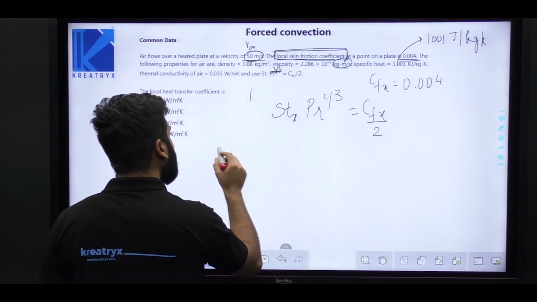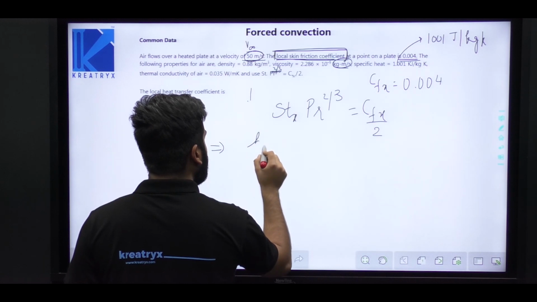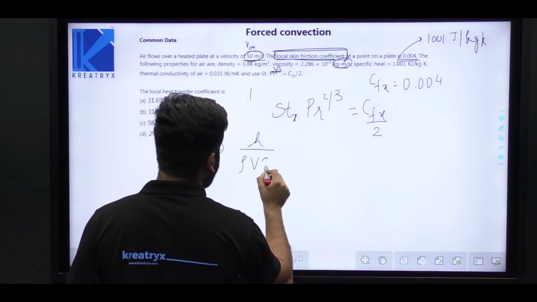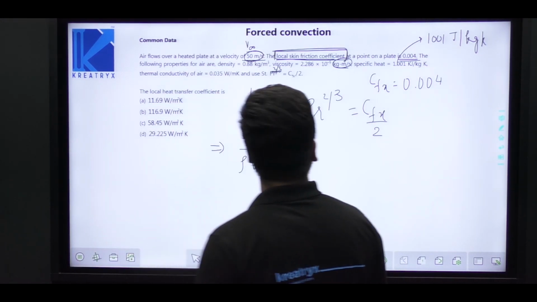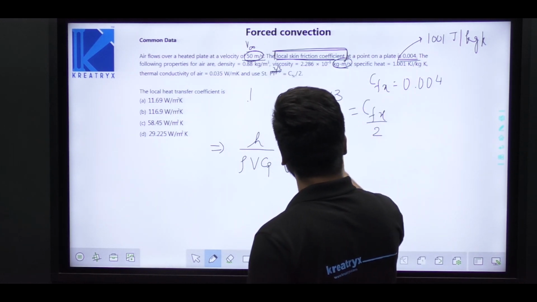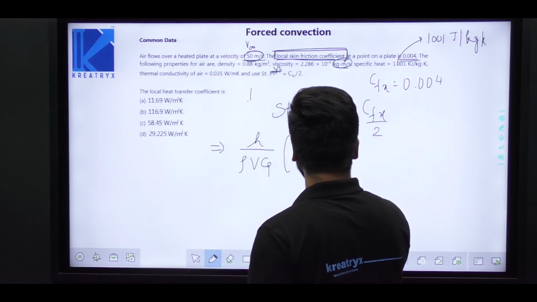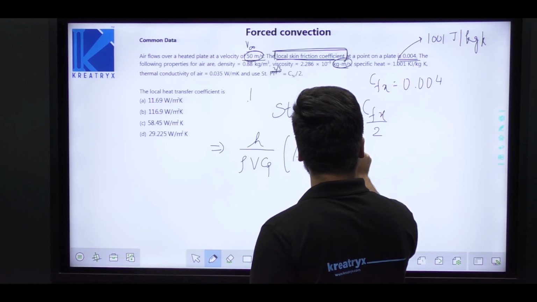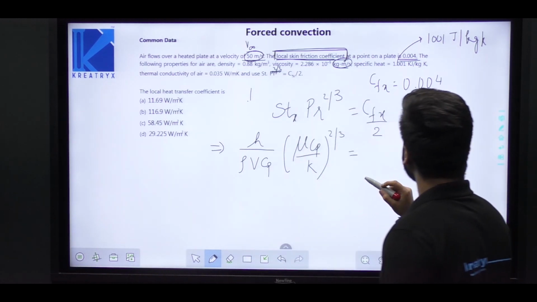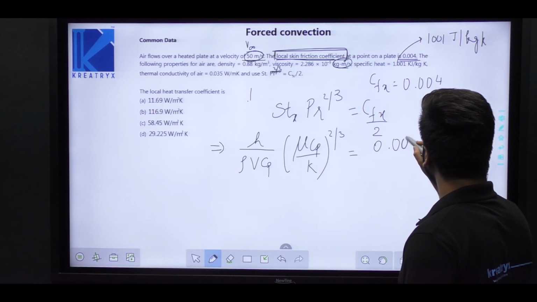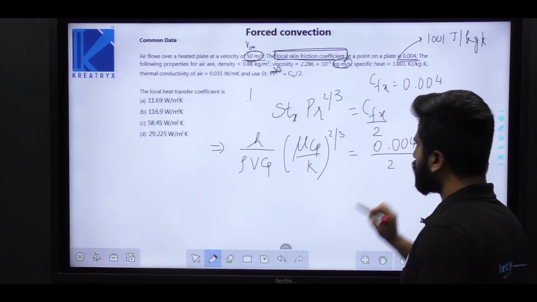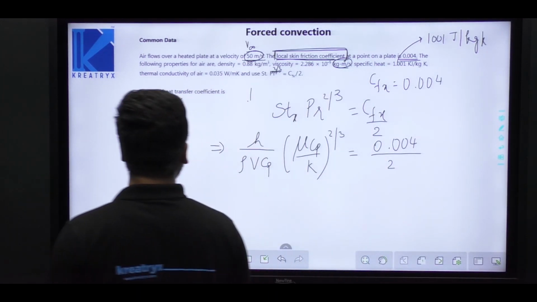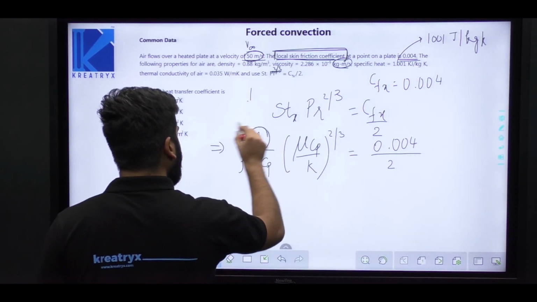The expression for Stanton number is H by rho V Cp. And Prandtl number is mu Cp by K. Mu Cp by K raised to the power 2 by 3, which is equal to CFX by 2, that is 0.004 by 2. Now I have to find the local heat transfer coefficient, this H.